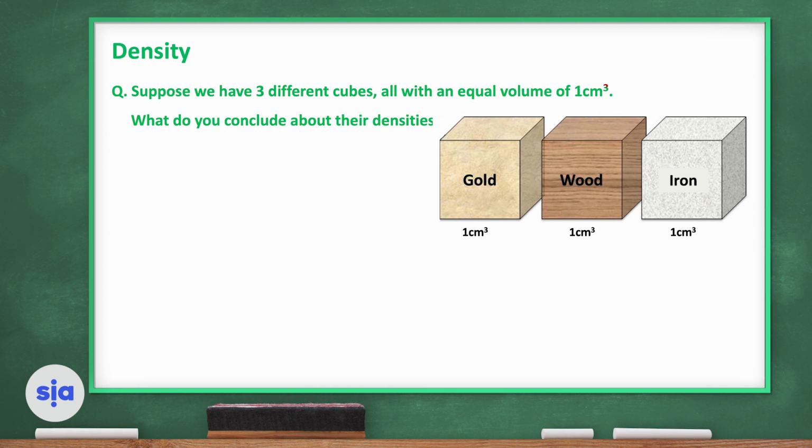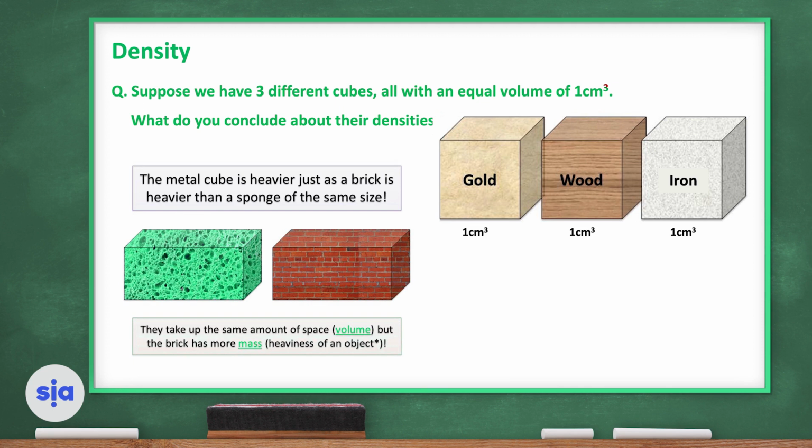What can you predict about their densities? Are they the same? No, they are not the same. Even if the volume is equal, the density is not equal, because they are different kinds of matter. So each matter has its own density.